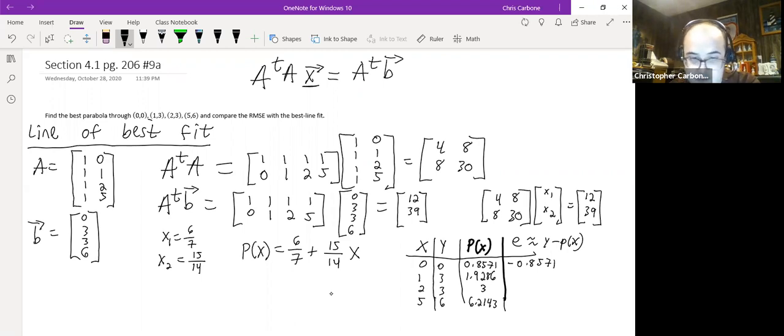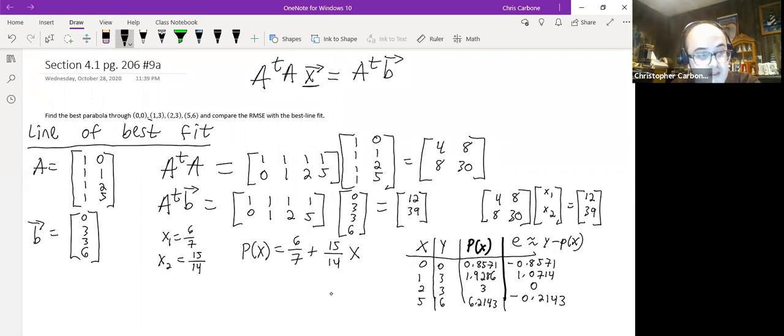For 3 minus 1.9286, we would get 1.0714. 3 minus 3, that makes 0. And 6 minus 6.2143 would give us negative 0.2143.